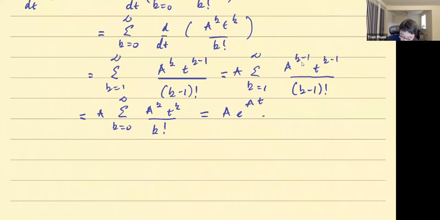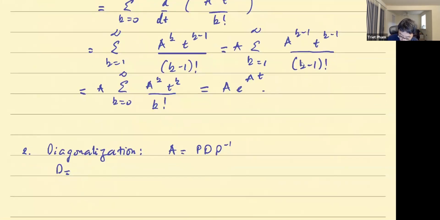All right. So the second thing I want to address is really not a topic of this section anyway, but on diagonalization. So I want to explain why A is P D P inverse, where D is the eigenvalues and P are the eigenvectors.